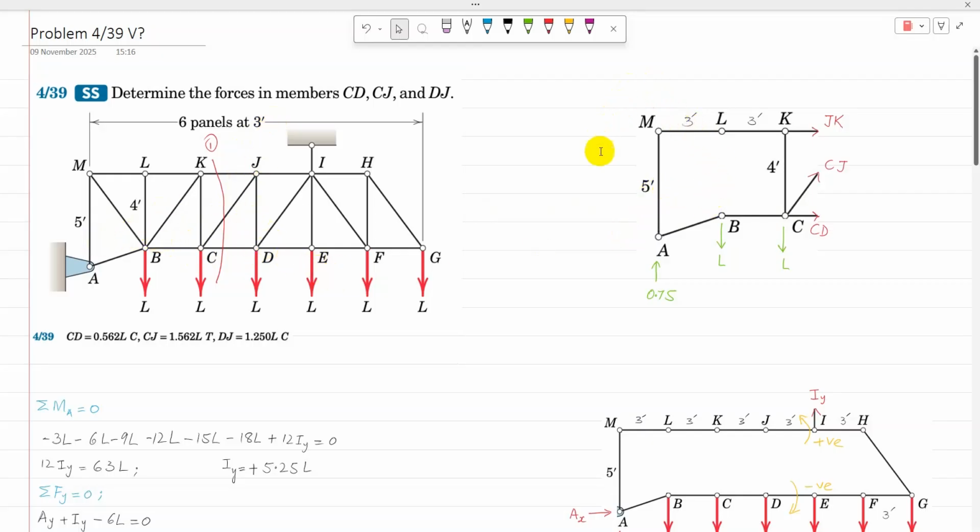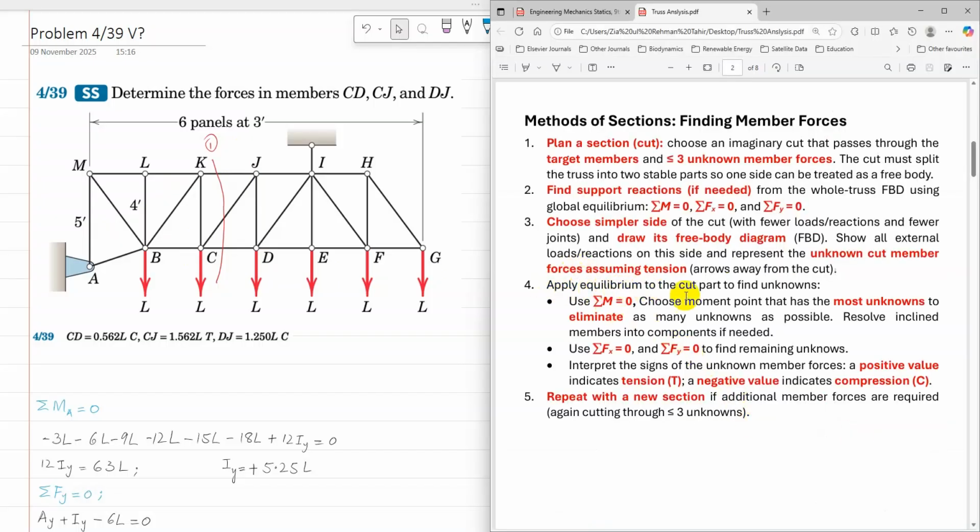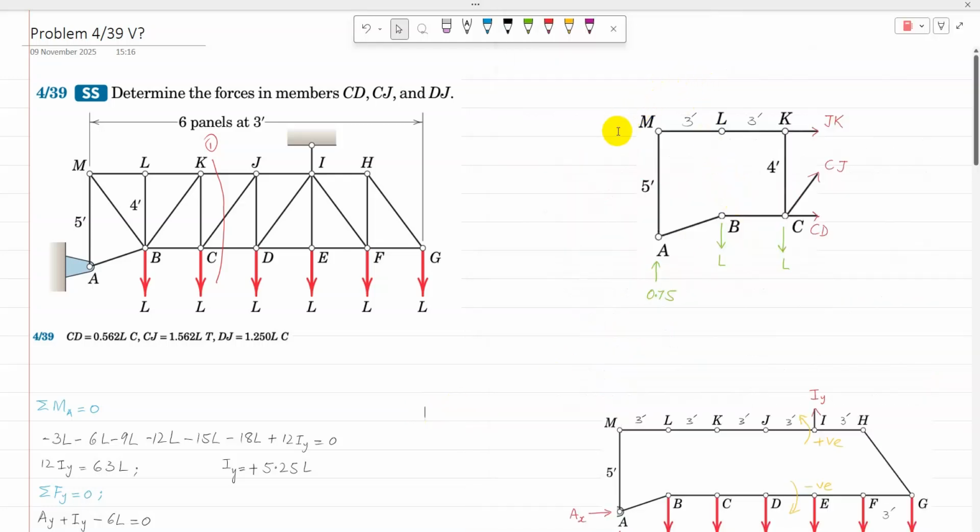Next I'm going to apply the conditions of equilibrium to the cut part to find the unknowns. For the method of sections, it is good to start with sigma M equal to 0 because it eliminates most of the unknown forces, and then apply sigma Fx equal to 0 and sigma Fy equal to 0.